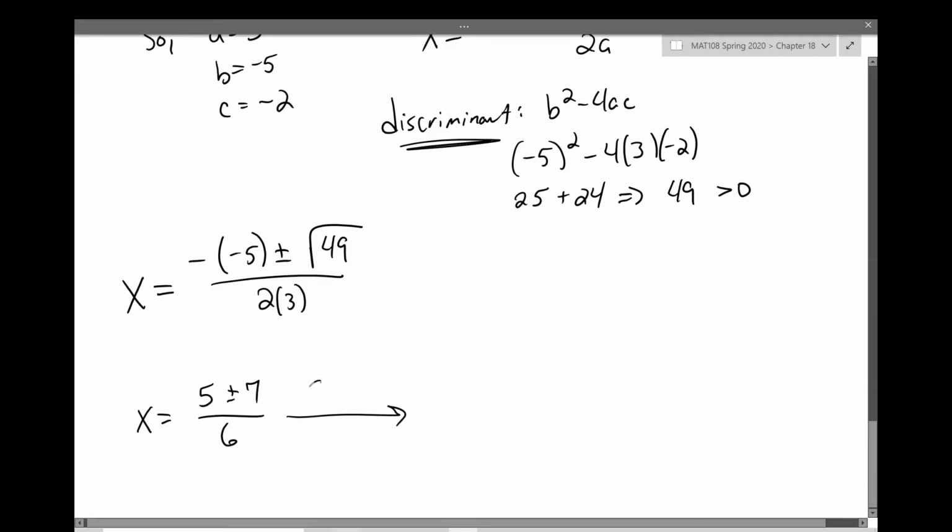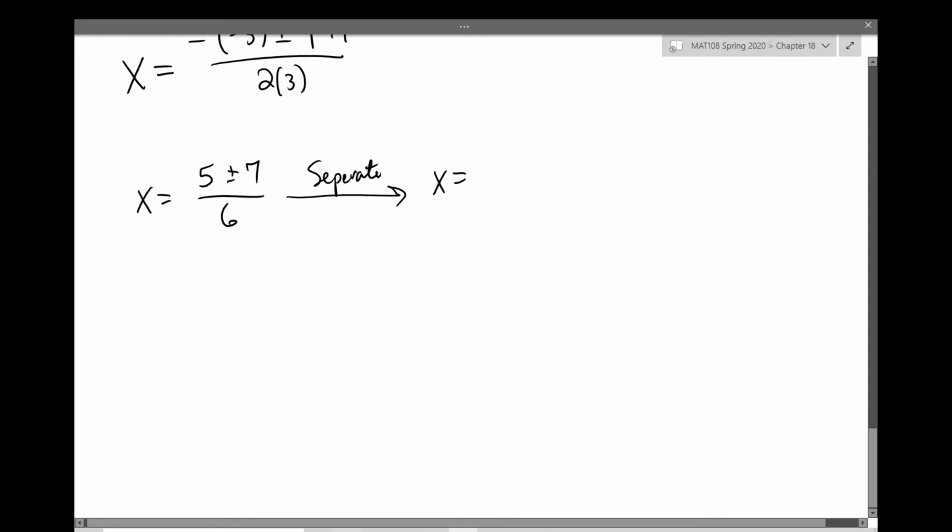And what I like to do here is separate. So I'm going to write x equals 5 plus 7 divided by 6, or x equals 5 minus 7 divided by 6.